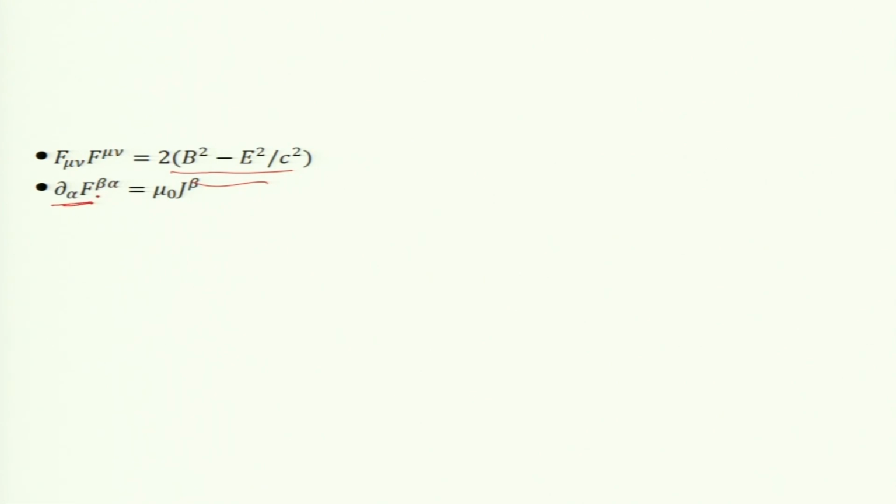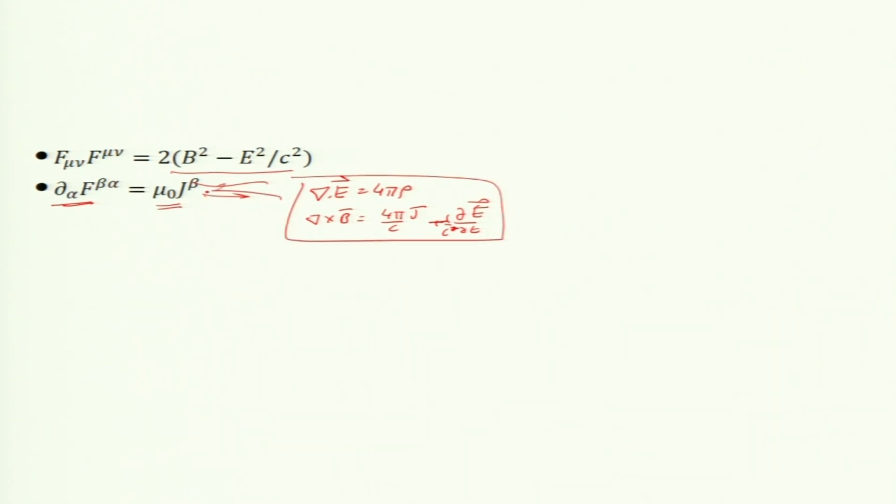Take the derivative of the F tensor and then I will get mu naught J. This covers two Maxwell equations: del dot E is 4 pi rho and curl of B is 4 pi J by C plus or minus 1 over C squared dE by dt. I hope my sign is right. These two equations which we usually write are covered here.